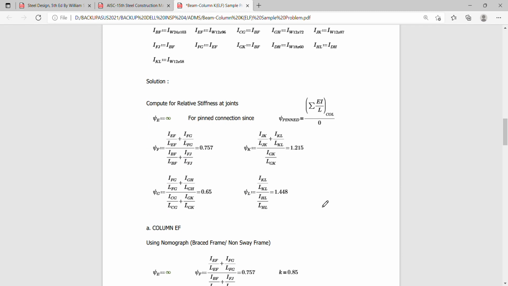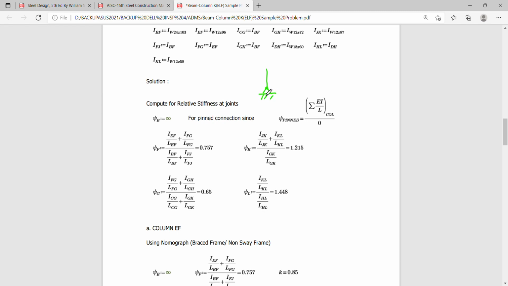All we need to take note of is that for a pin connection, the relative stiffness is undefined, equivalent to infinity, since the summation of EI of the column over the summation of EI for that pin will be equal to 0.